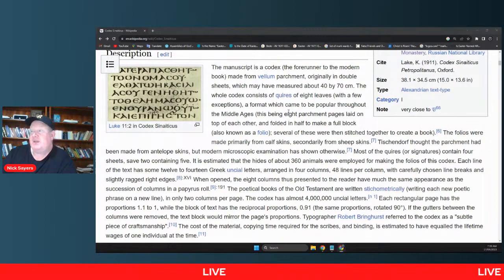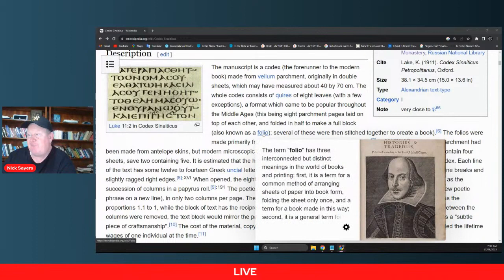A format which came to be popular throughout the Middle Ages, this being 8 parchment pages laid on top of each other and folded in half to make a full block known as a folio. The term folio has 3 interconnected but distinct meanings in the world of books and printing.